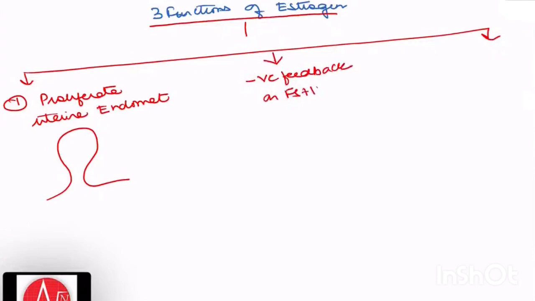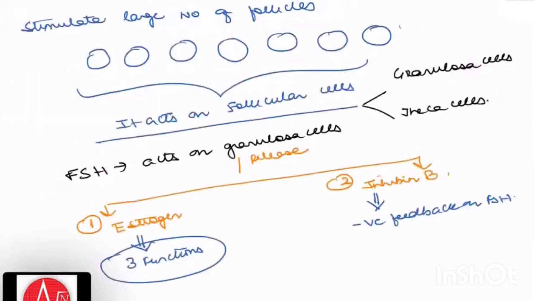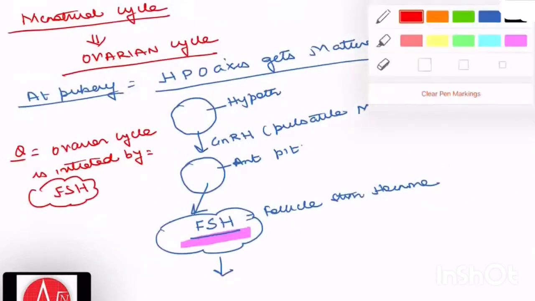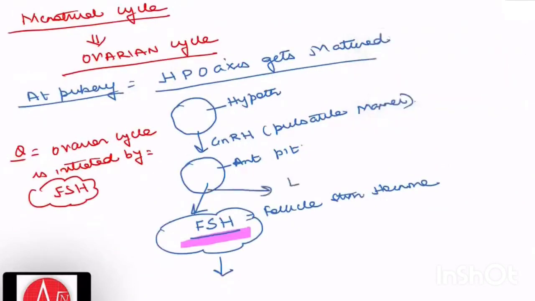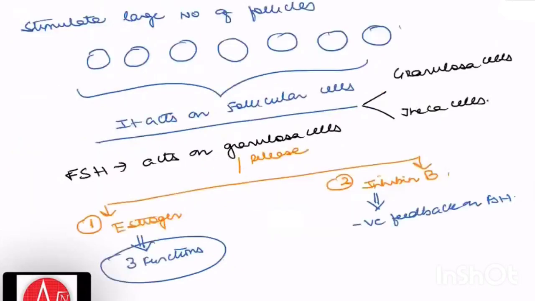And number three, it has a positive feedback on LH. So anterior pituitary से एक और hormone निकलता है, that is LH, and estrogen will have a positive feedback on this LH. It will have a negative feedback on FSH. Clear to all of you?